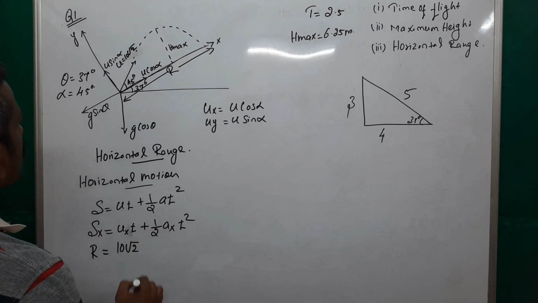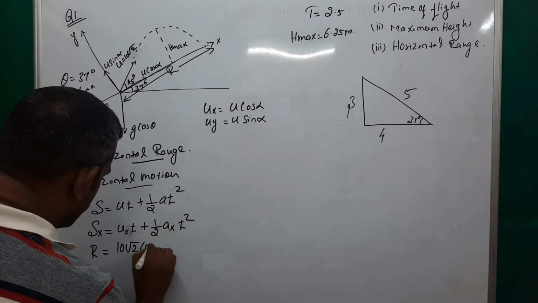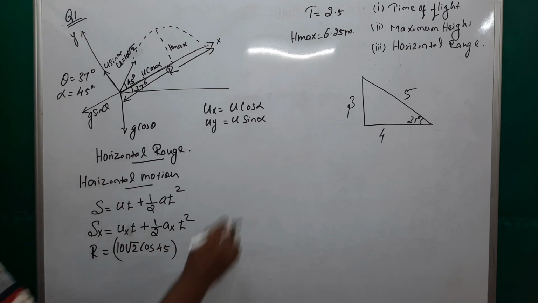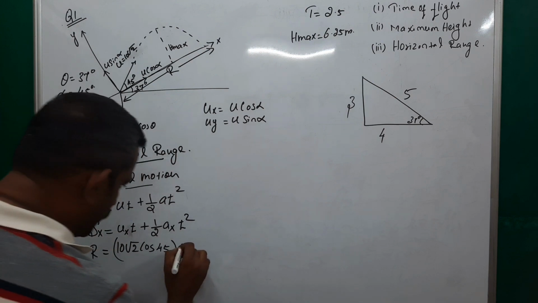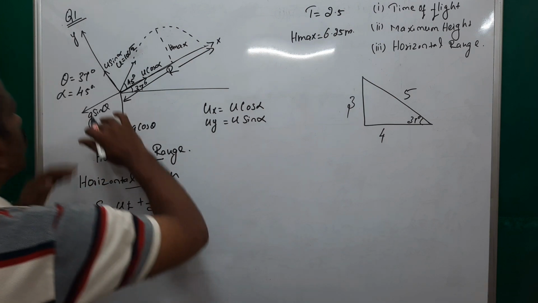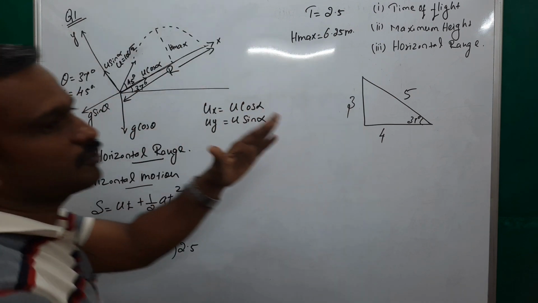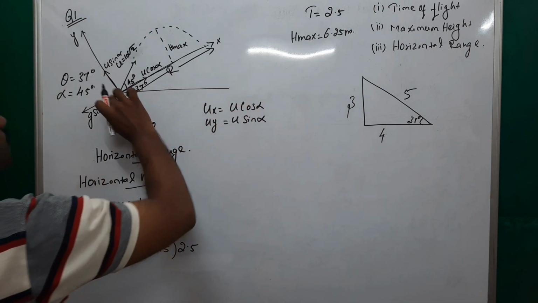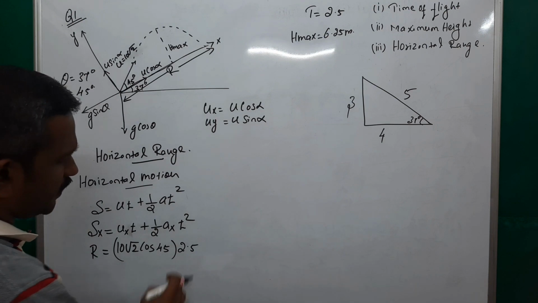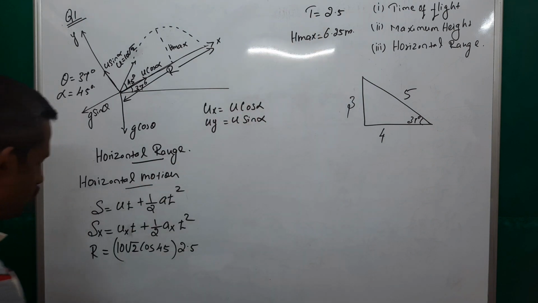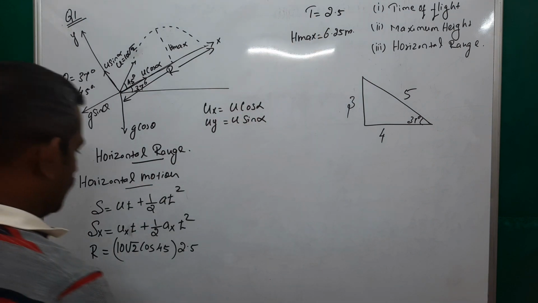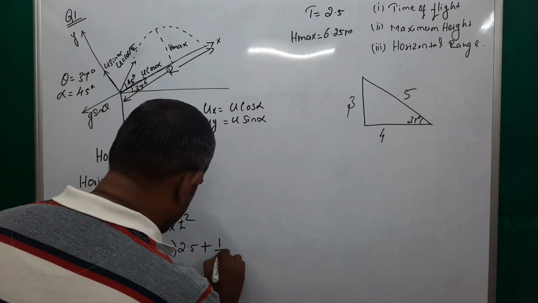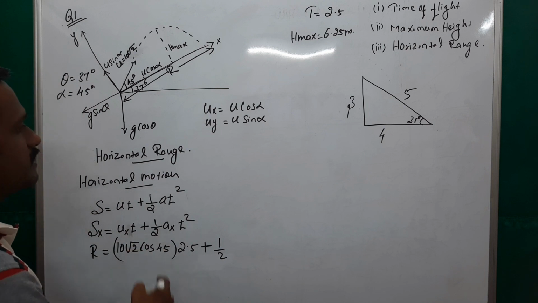10 root 2, cos alpha, that is cos 45, into t, the time of flight. That is 2.5. For the whole motion, whether it is vertical motion or horizontal motion, the time of flight is the same. So from this point to this point, the time of flight is 2.5 seconds, which we have already found, plus half into Ax.